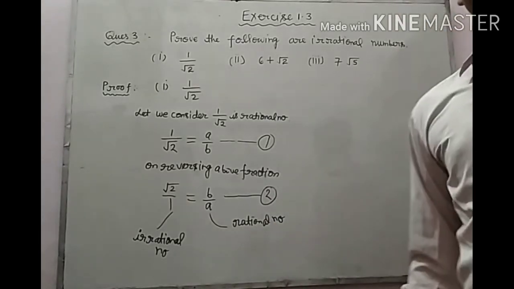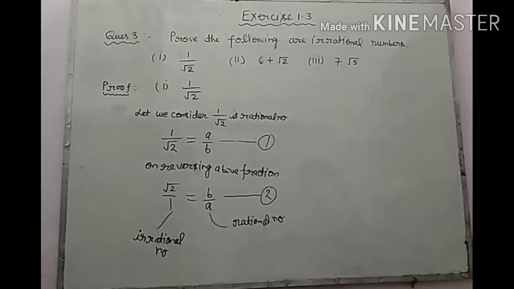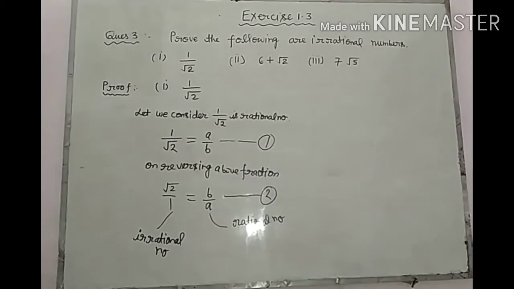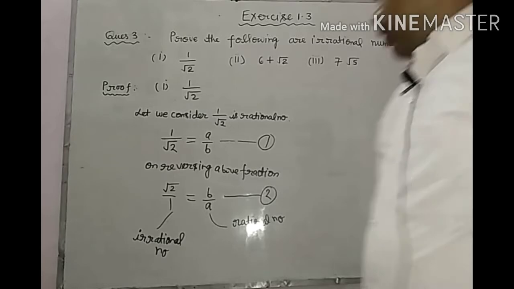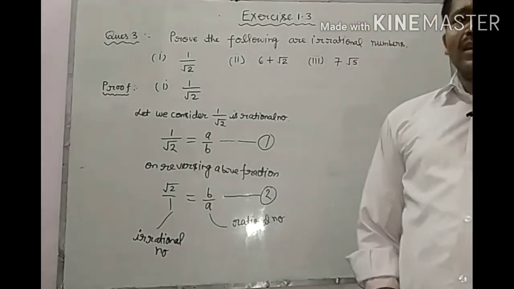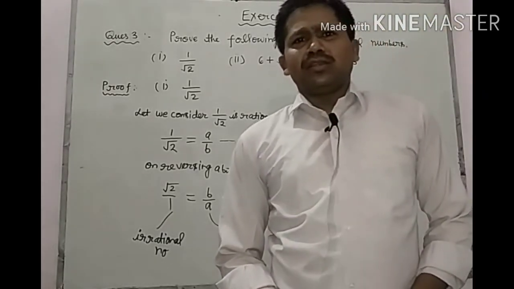We know that an irrational number and a rational number cannot be equal.